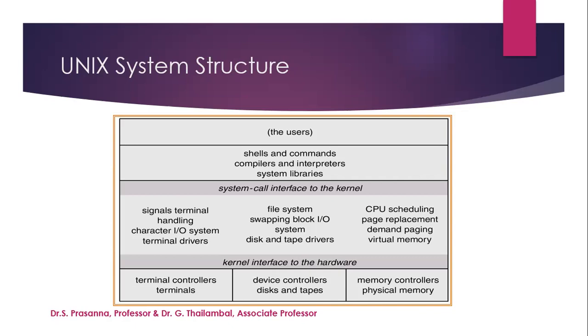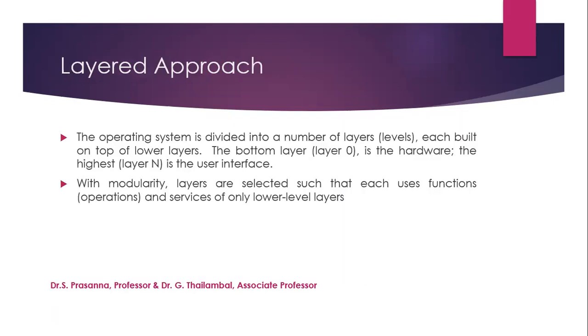The kernel will have the system calls, and those system calls will be executed by the kernel, and any interface with the hardware also happens through the kernel interface to the hardware. The hardware devices you can use in the Unix system structure are terminal controllers, terminals, device controllers, disks and tapes, memory controllers, and physical memory.